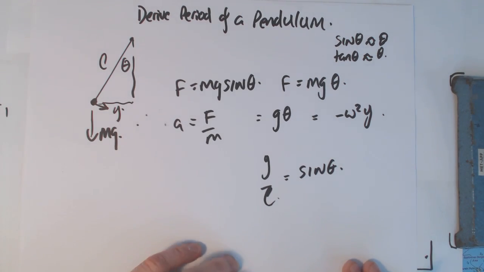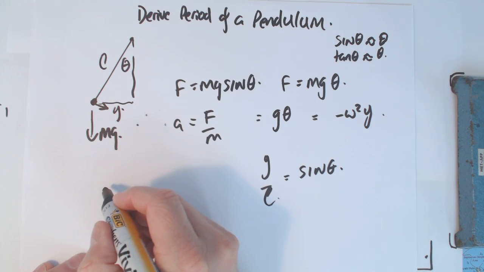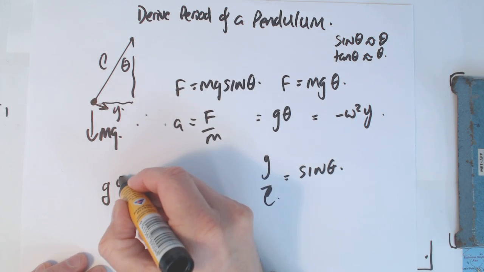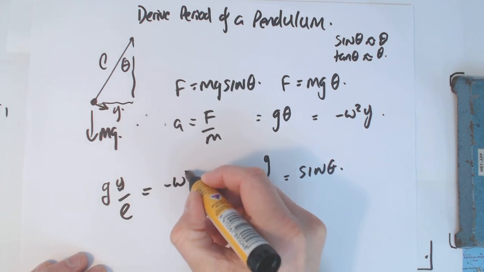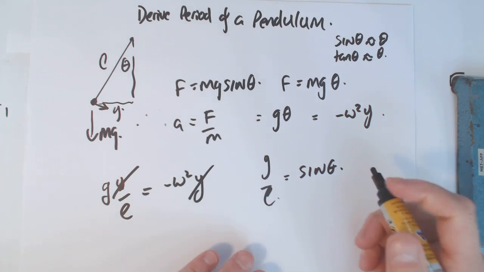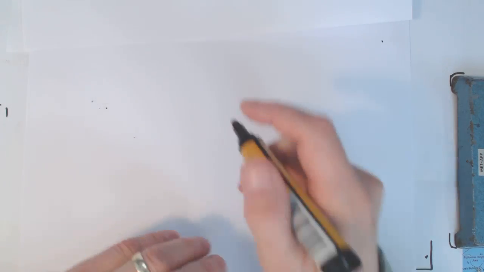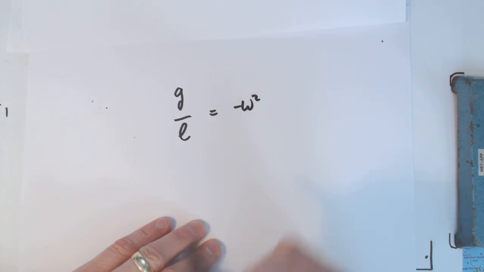But we just said the sine of theta was equal to theta for small angles. So again, we can rewrite this equation: g times theta, which is equal to y over L, is equal to minus omega squared y. So we can cancel these y's, and we're at the point where we can say g over L is equal to minus omega squared.